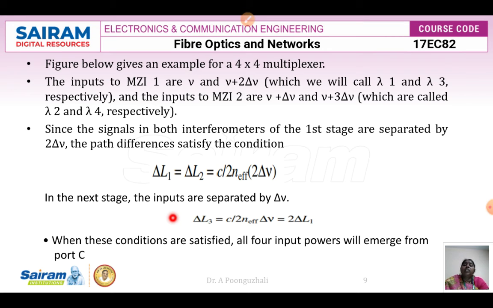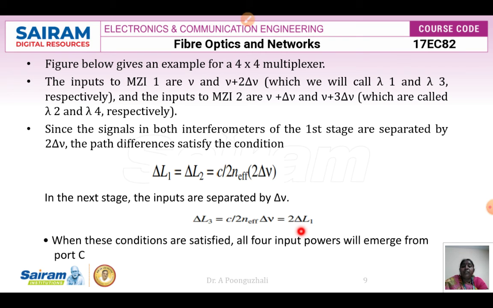So since the signals in both the interferometers of the first stage are going to be separated by 2 del V, the path difference is going to satisfy this condition: del L1 is equal to del L2 is equal to C by 2N effective into 2 del V. In the next stage, the inputs are going to be separated by del V. So del L3 can be written as C by 2N effective into del V, that is 2 into del L1.